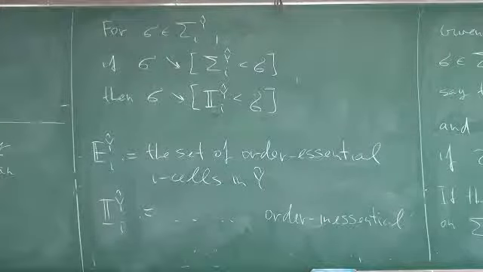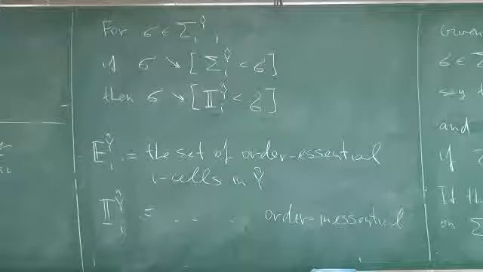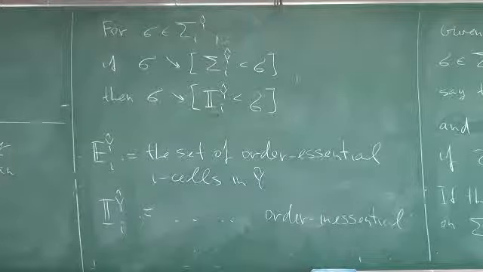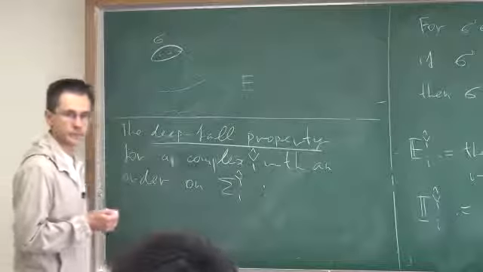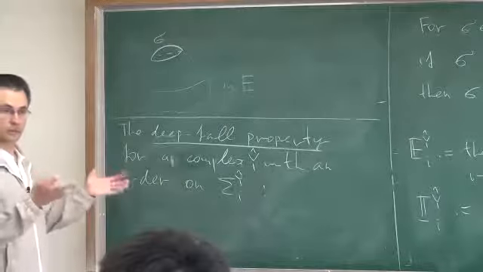In general, I don't really know the answer, but there might be some counterexample to this property in general. So we are interested, of course, in a situation when y hat is some complex and some group gamma acts on this complex. We assume that gamma is left orderable, and then that induces an ordering on the set of I-dimensional cells. So that would be an interesting case to consider.